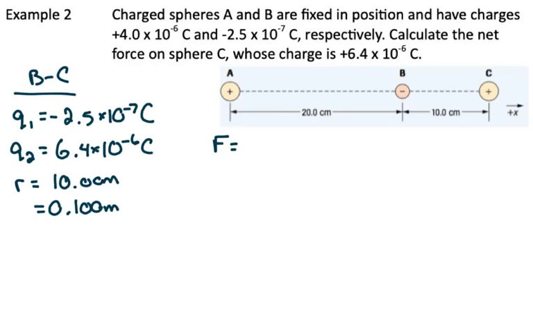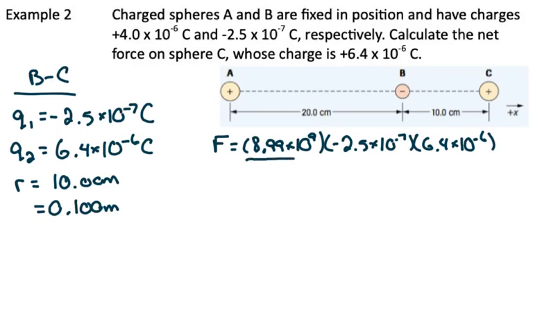The force from B to C, it's the same equation as before. We'll go straight to plugging things in. K is 8.99 times 10 to the 9th. Q1, negative 2.5 times 10 to the negative 7th coulombs. Q2, 6.4 times 10 to the negative 6 coulombs, divided by 0.1 squared.